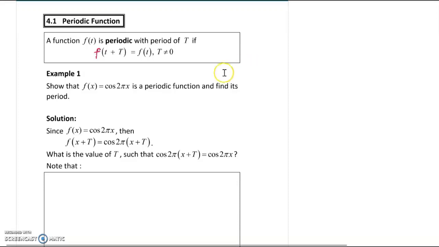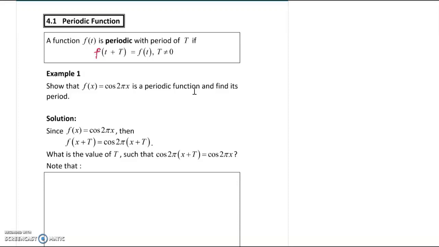Otherwise we cannot get the Fourier series. So look at the example here. Show that f(x), where the variable is in terms of x, not t, equals cos 2πx is a periodic function, and then determine its period. Another thing: the period value is always a positive integer, starting from 1, so 1, 2, 3, 4, 5 and so on.